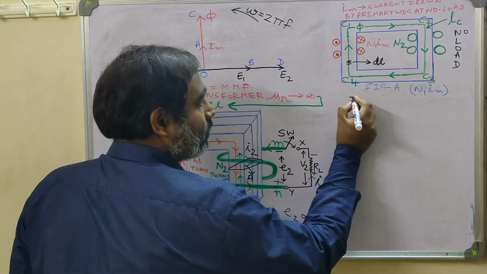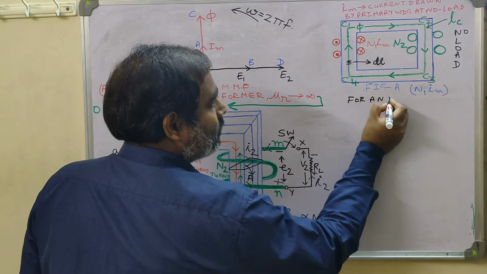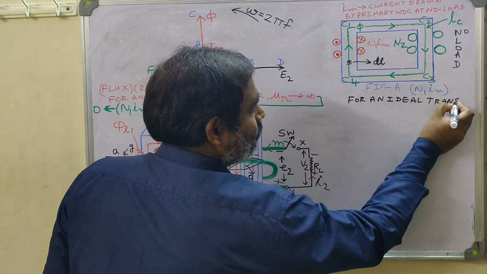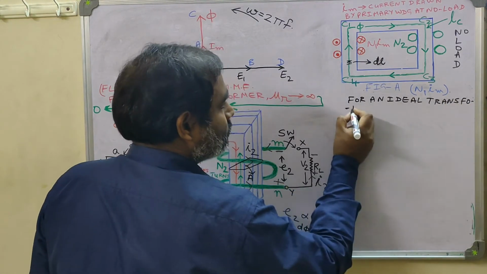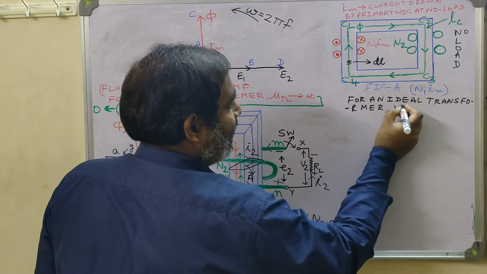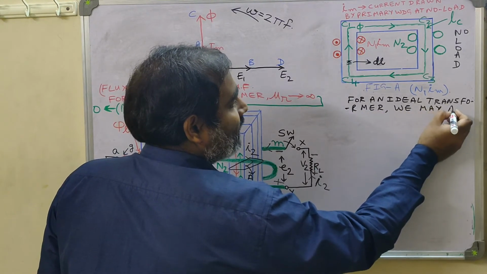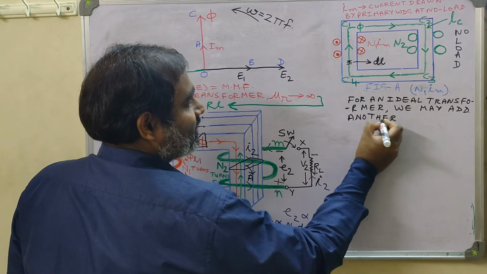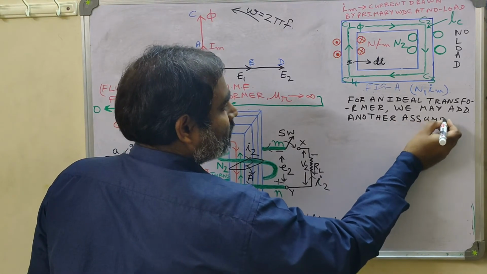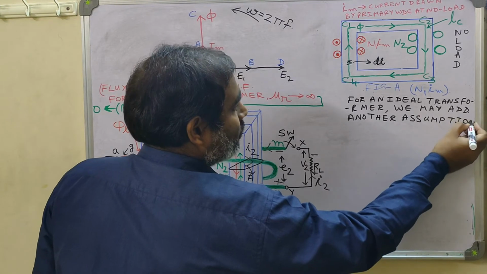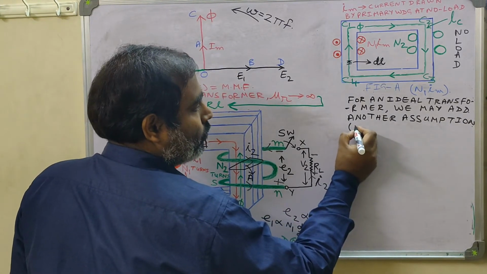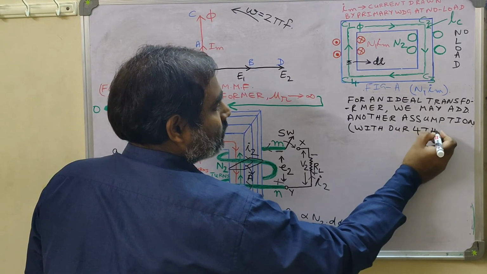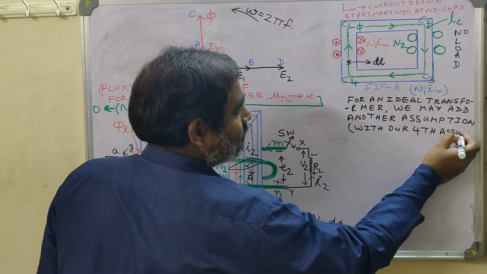So for an ideal transformer, we may add another assumption, where we have actually made four assumptions. So with our fourth assumption, what was the fourth assumption?